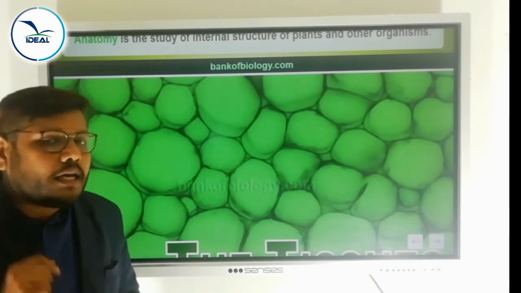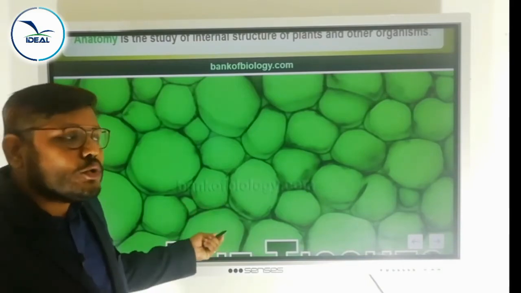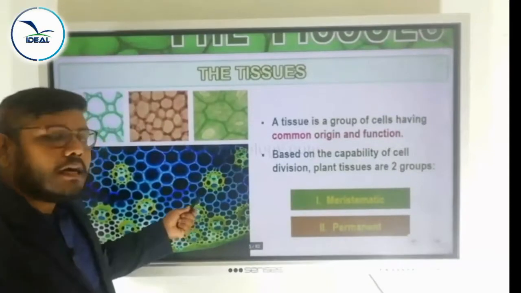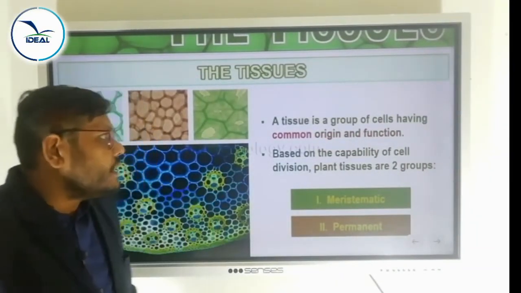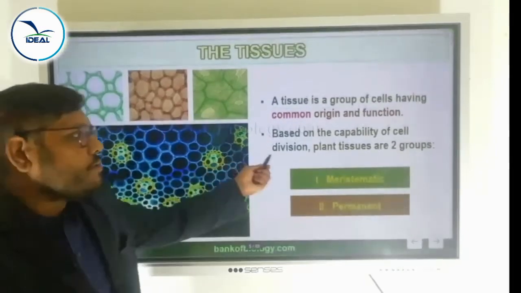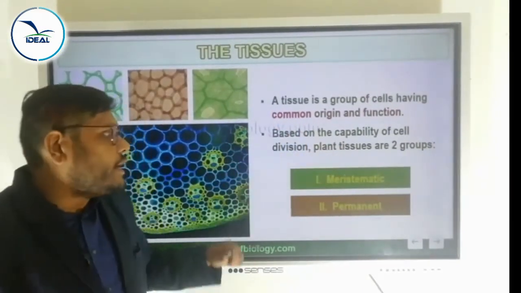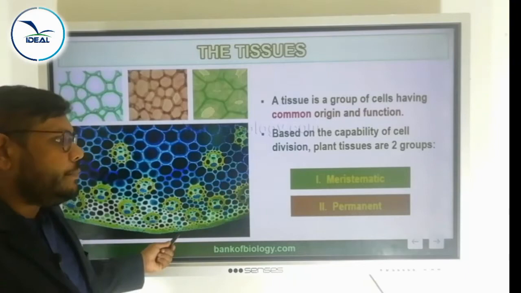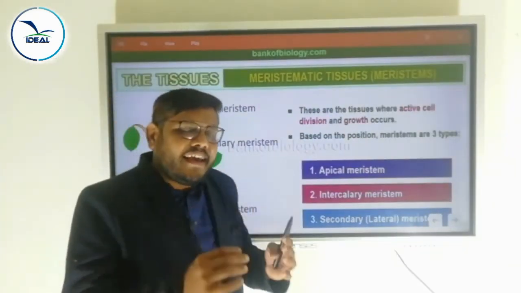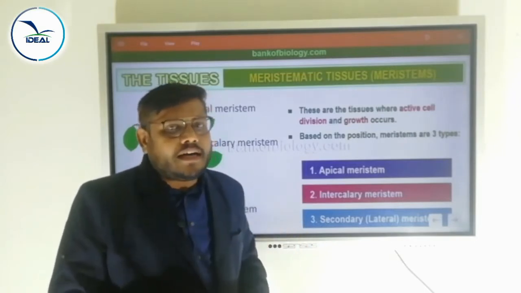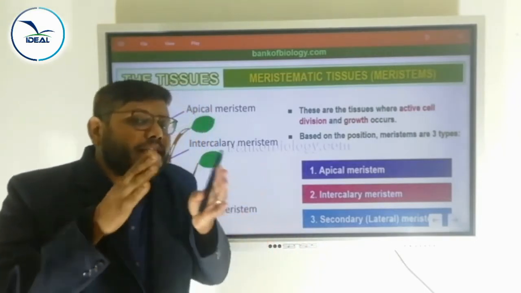One is called meristematic tissue, and the other is called permanent tissue. What is meristematic tissue? These are the young and actively dividing cells. That is called meristematic tissue.